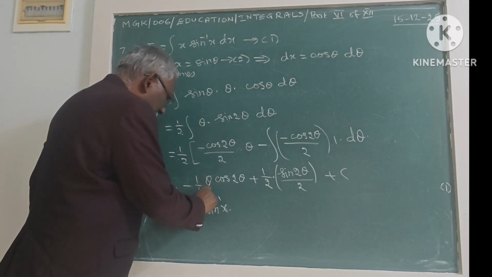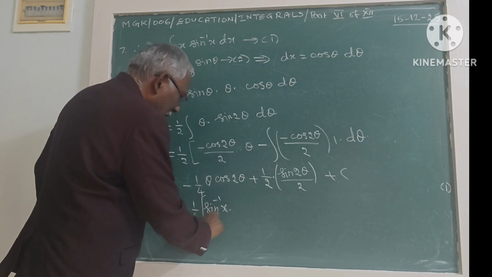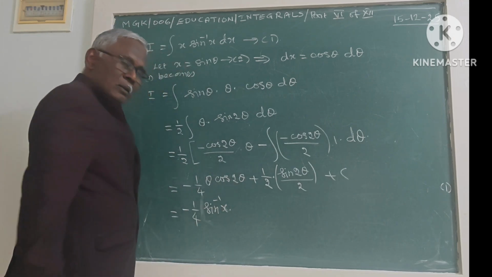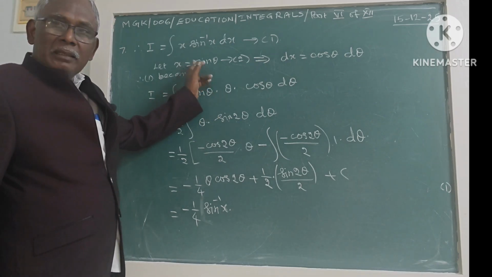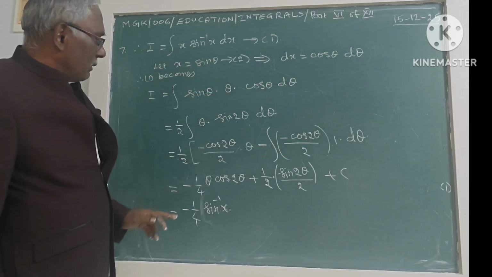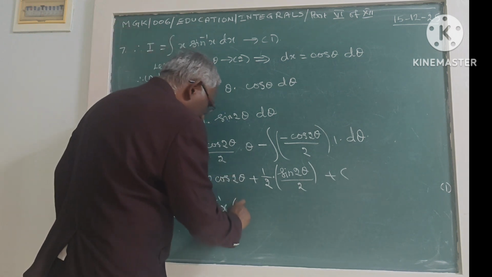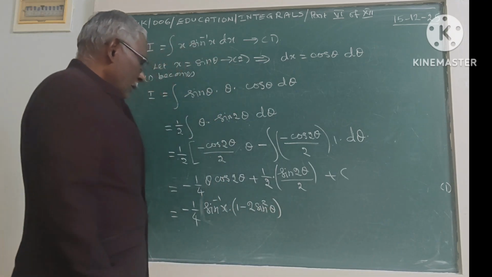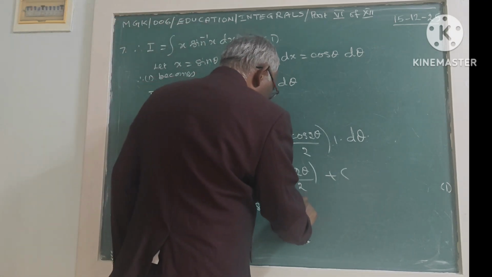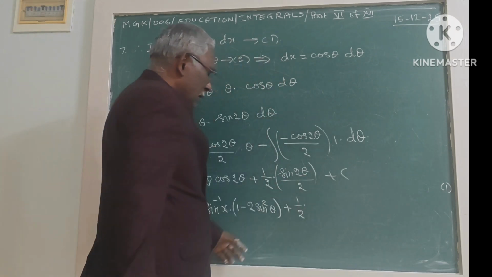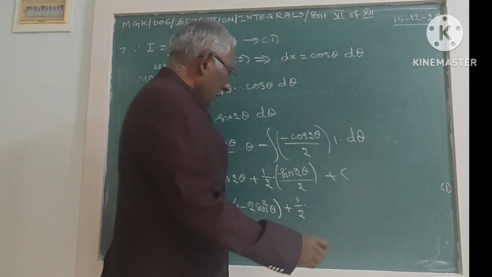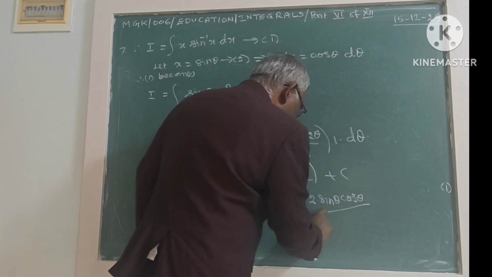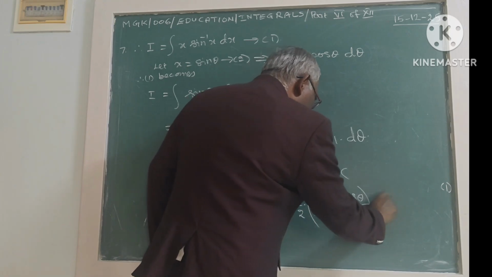1 by 4 sin inverse x into cos 2 theta, we have to express in terms of sin theta, then only you can write in terms of x. So this will be nothing but 1 minus 2 sin square theta plus 1 by 2 times sin 2 theta we can write as 2 sin theta cos theta by 2 plus constant.